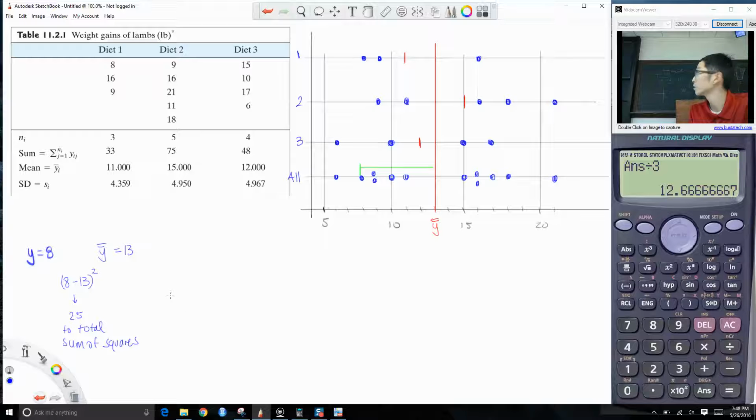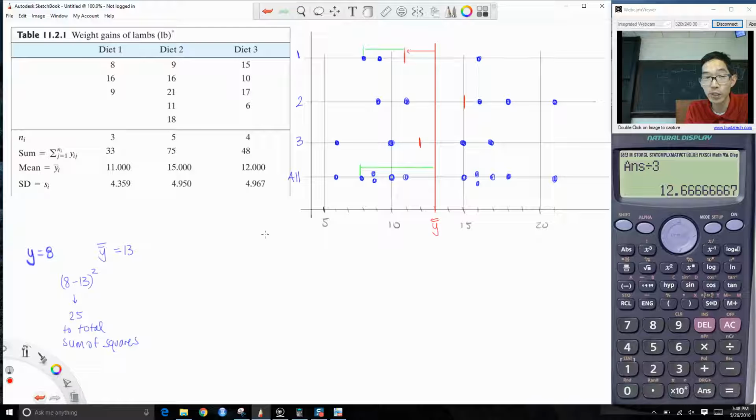Is that okay? All right. And what we are going to do is say, well, this point is 5 units away, and there are two parts to it. Part of it is the fact that its group average is 11.